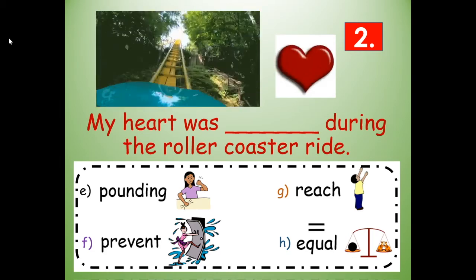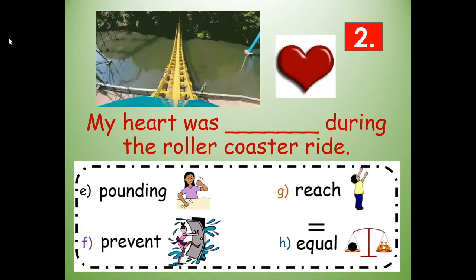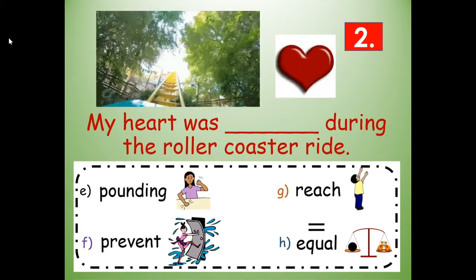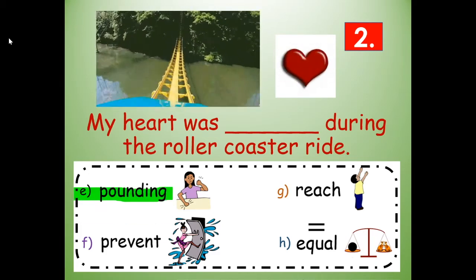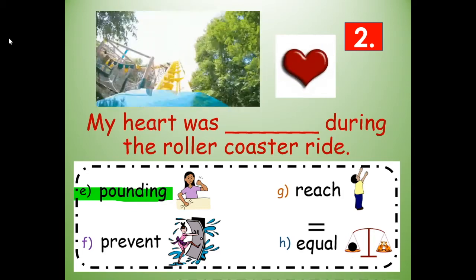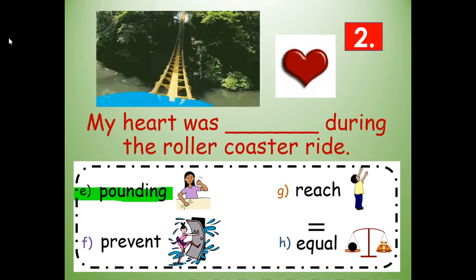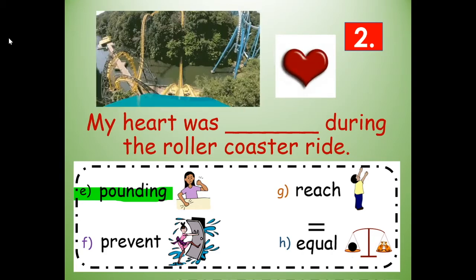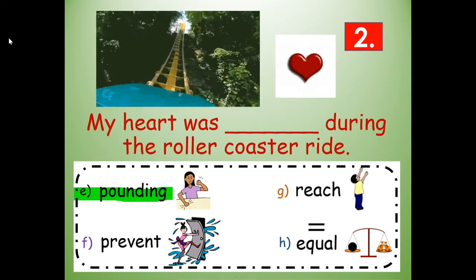What makes the most sense given our picture clues and where the word is in the sentence? My heart was pounding. P-O-U-N-D-I-N-G, pounding. My heart was pounding during the roller coaster ride.